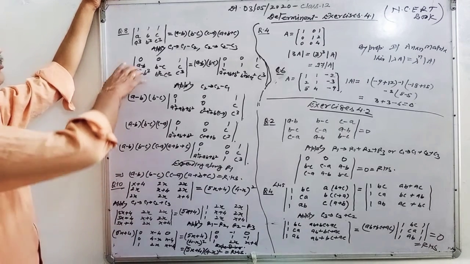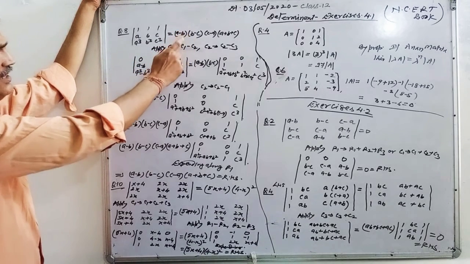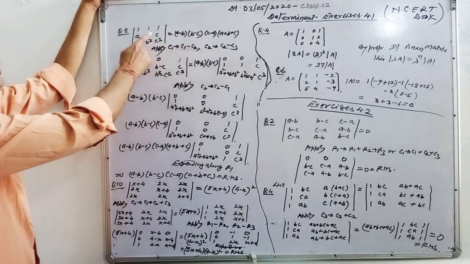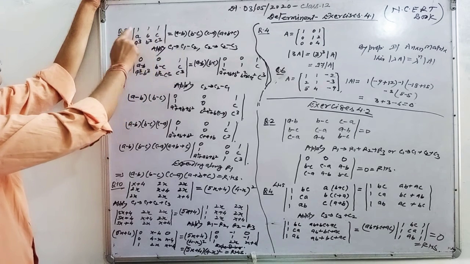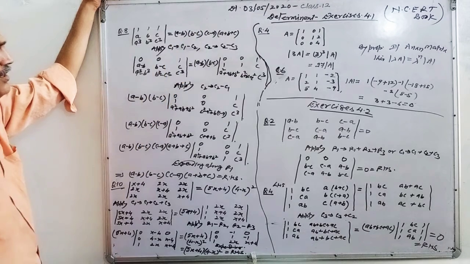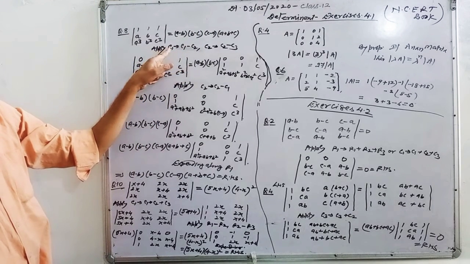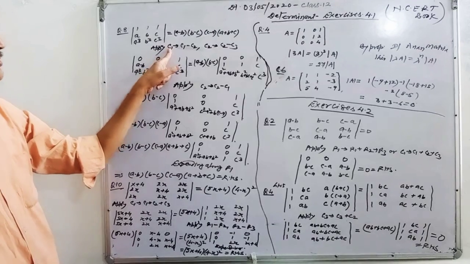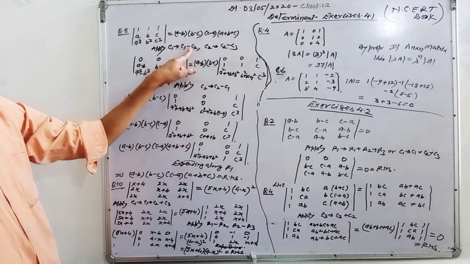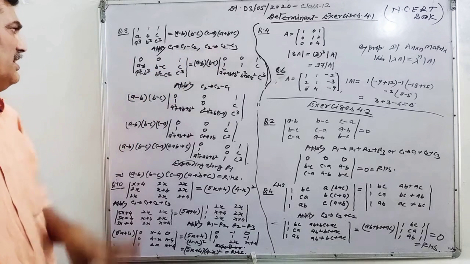So to get these factors you can apply C1 tends to C1 minus C2 and C2 tends to C2 minus C3. Here in C1 minus C2, only C1 will change. Why? Because the element of C2 will be subtracted from C1, and in this C2 will change.